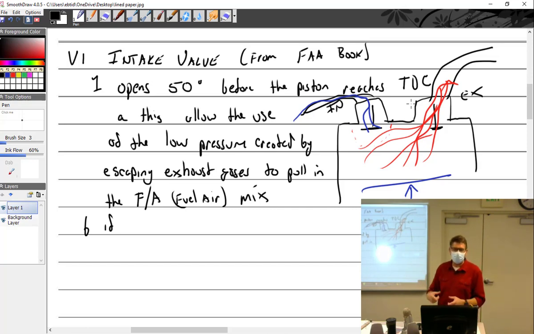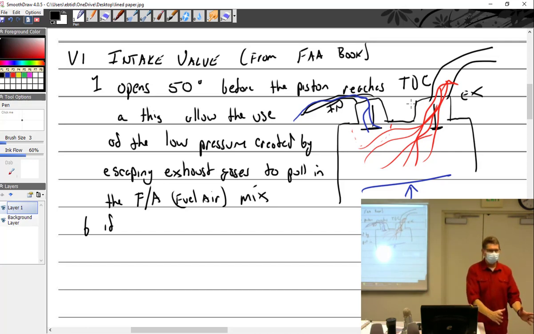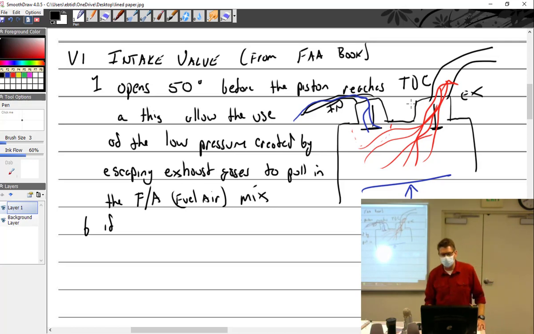Well, exhaust gases are roughly 1,400 degrees. There's a range there, but we'll just say 1,400. 1,400 degrees next to fresh, unburned fuel, properly mixed with air, ready to go, you're going to get? Explosion. Yeah, it's going to light that off. And so you're going to get what's called a backfire. Backfire means it went backwards.